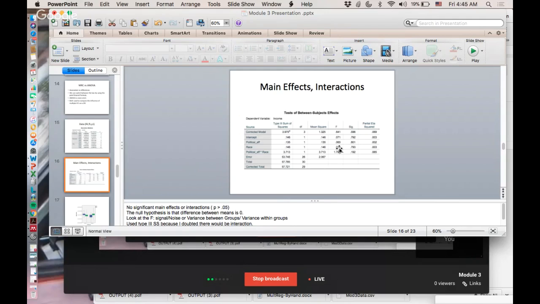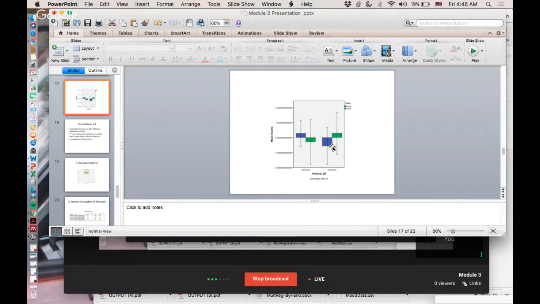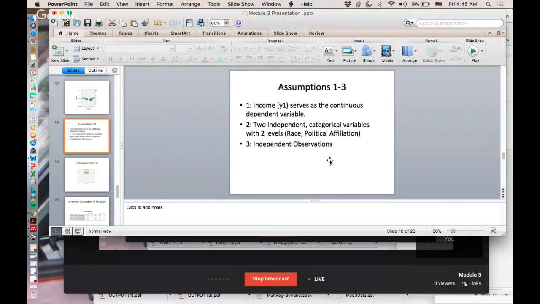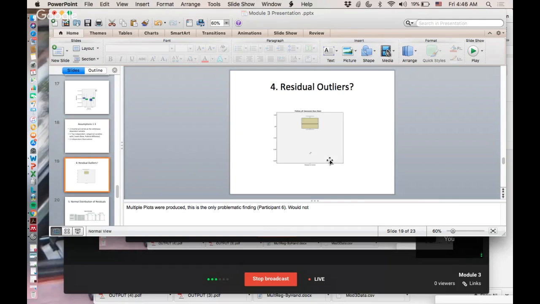All right, so this is just another example of how there are no significant findings from the data as far as interactions or effects. So there are a series of assumptions too. These are very self-explanatory: continuous dependent variable, two independent categorical variables, and independent observations.